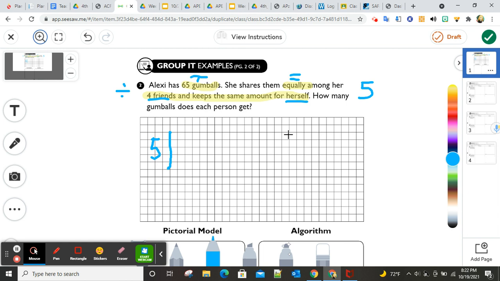I can multiply 5 times 10 and I get 50. So I could go 10 across. 1, 2, 3, 4, 5, 6, 7, 8, 9, 10. And if I go down, that is 50.